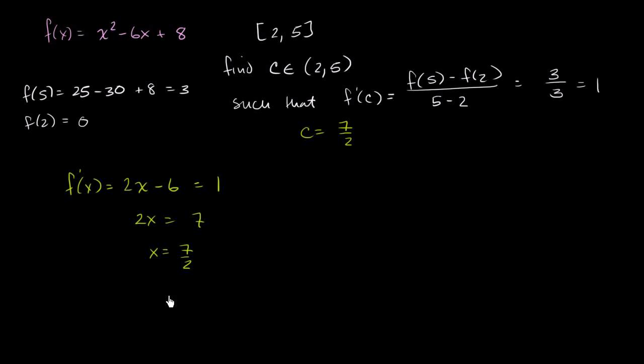And let's just graph this to really make sure that this makes sense. So this right over here is our y-axis. And then this right over here is our x-axis. Looks like all the action is happening in the first and fourth quadrants. So that is our x-axis.